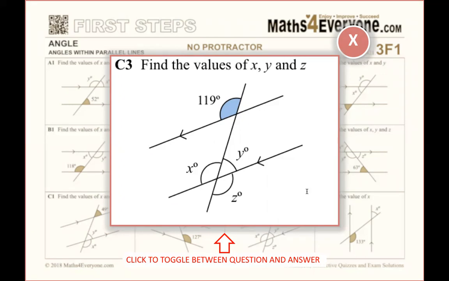Z is also 119. If X is 119, Z is also 119. If X is 119, what is Y?